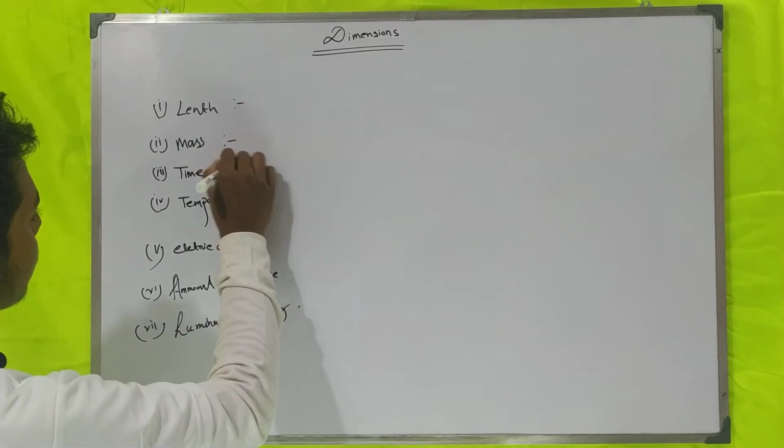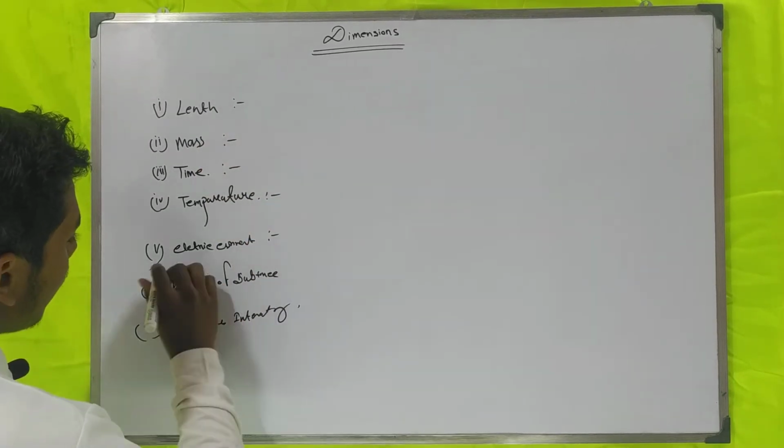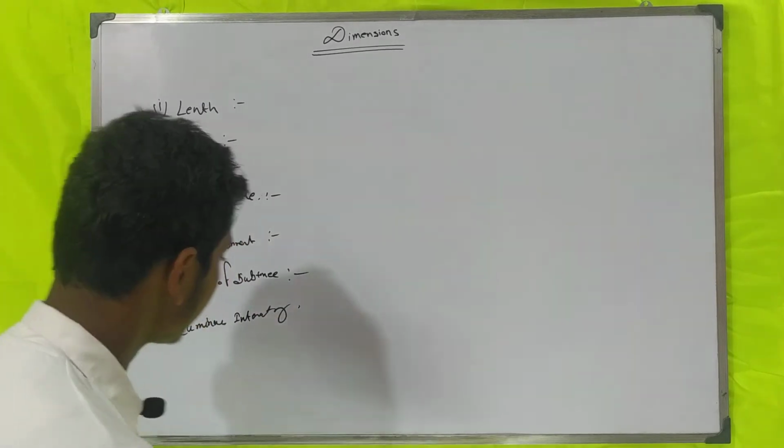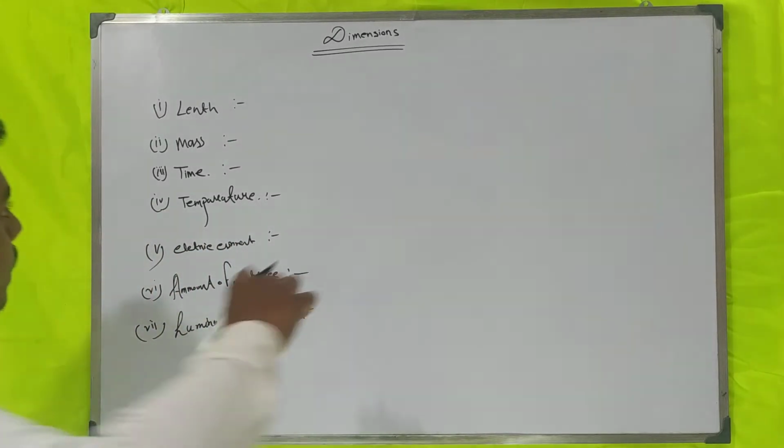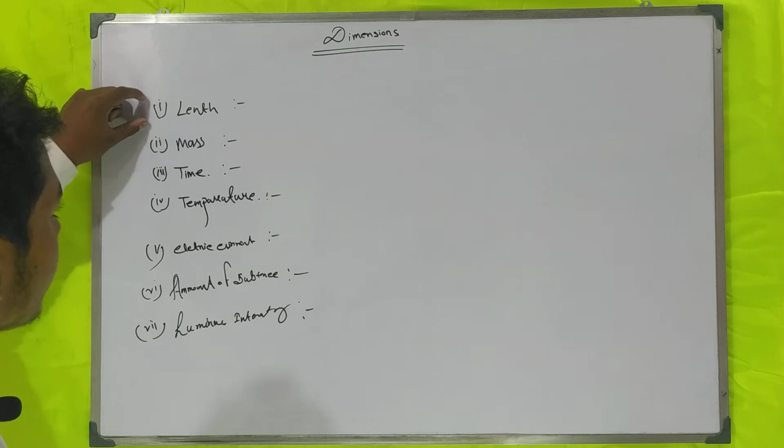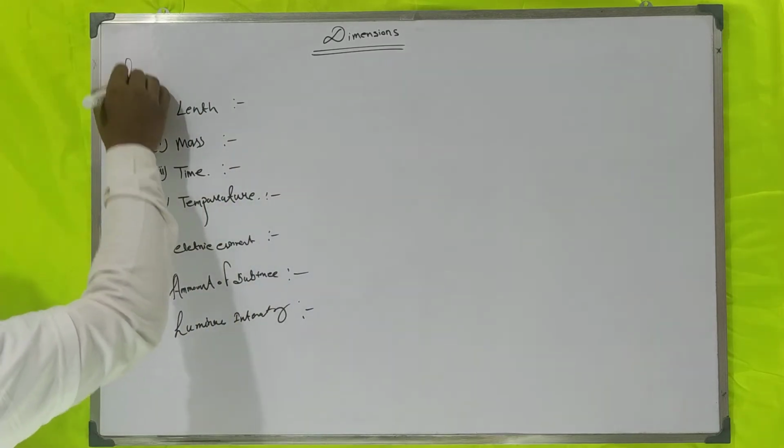So length, mass, time, temperature, electric current, amount of substance, and luminous intensity are the 7 fundamental physical quantities.